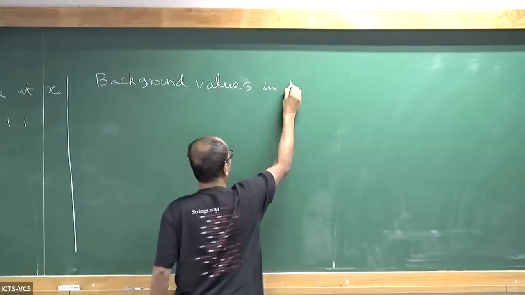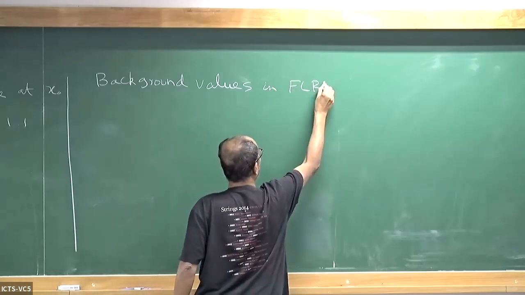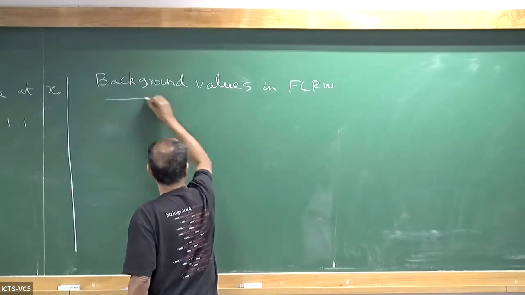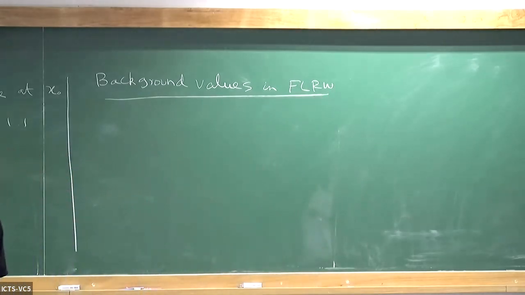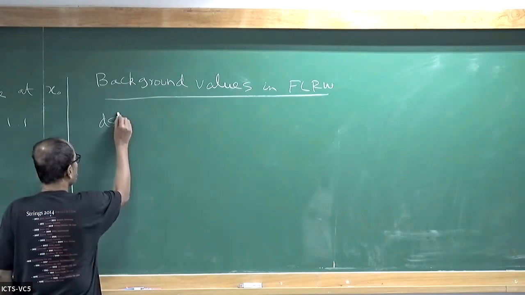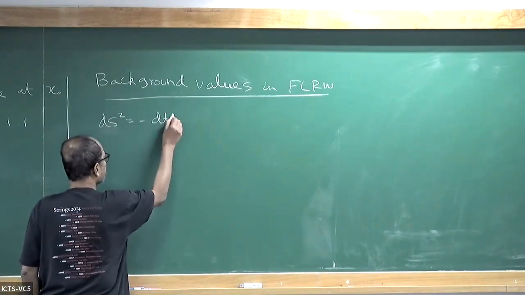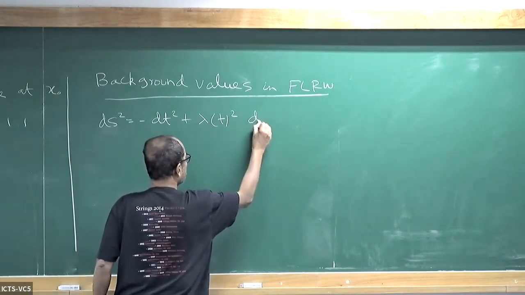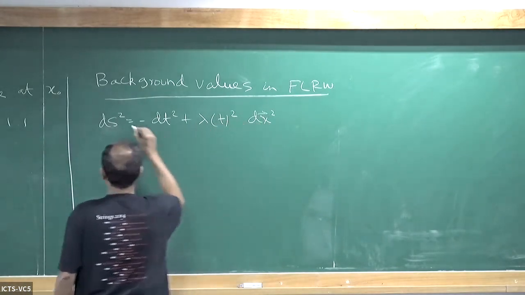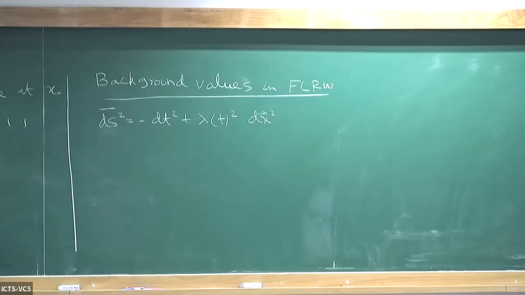In FLRW, the metric is minus dt squared plus lambda of t squared dx squared. This is the background value of the metric.